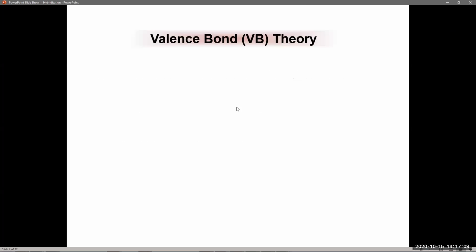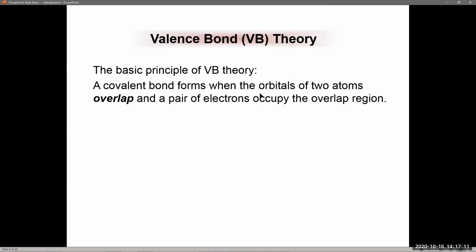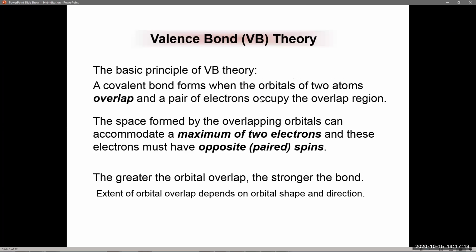So valence bond theory, again, there's a lot of text and I tried to cut out some of it, but I want to identify the main parts that are important. With valence bond theory, basically when orbitals overlap, the electrons occupy the overlap region.